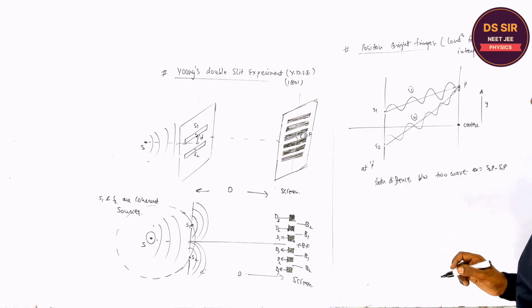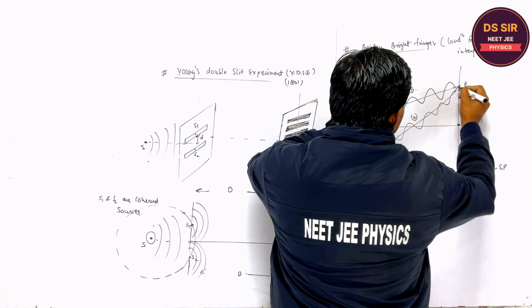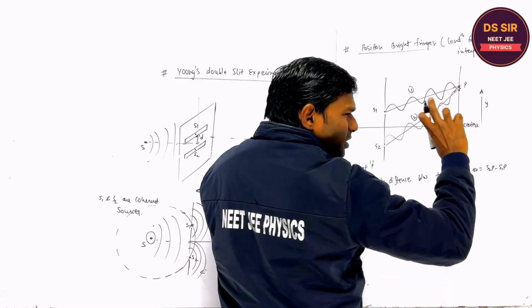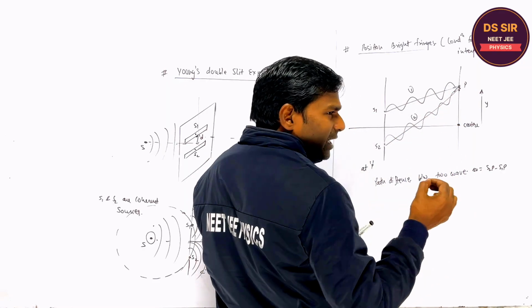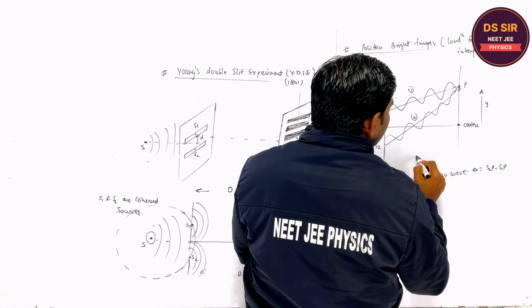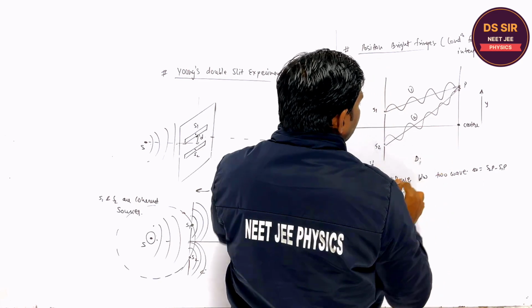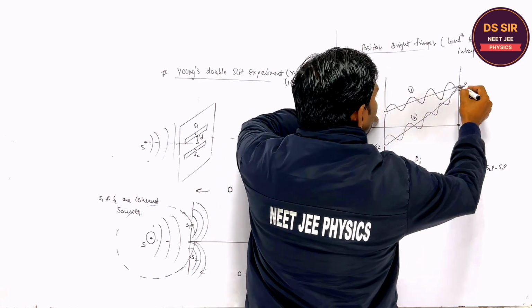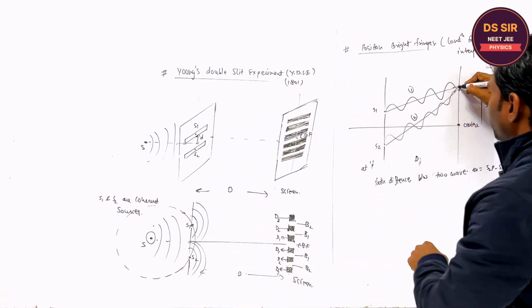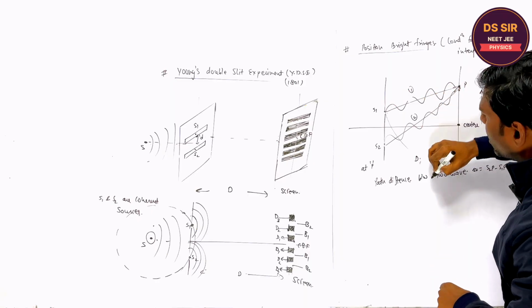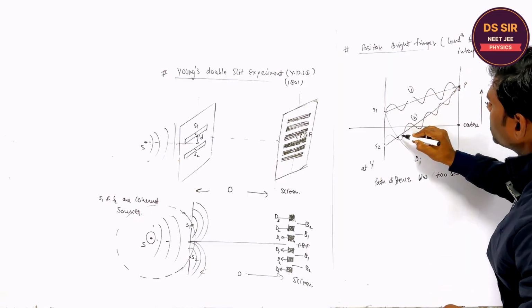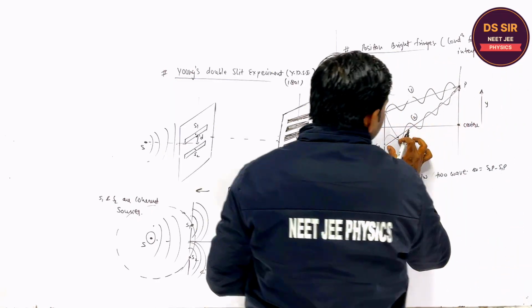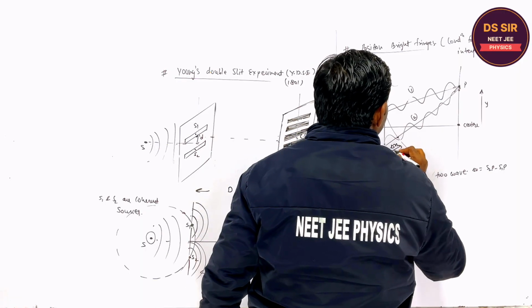S2P minus S1P. Look, although this position is at a very small distance, in millimeters, this distance is approximately 1 meter. So listen, one thing: assume this is the center and if you take the circle, then these two distances are the same. So this is the extra distance. This is the path difference.